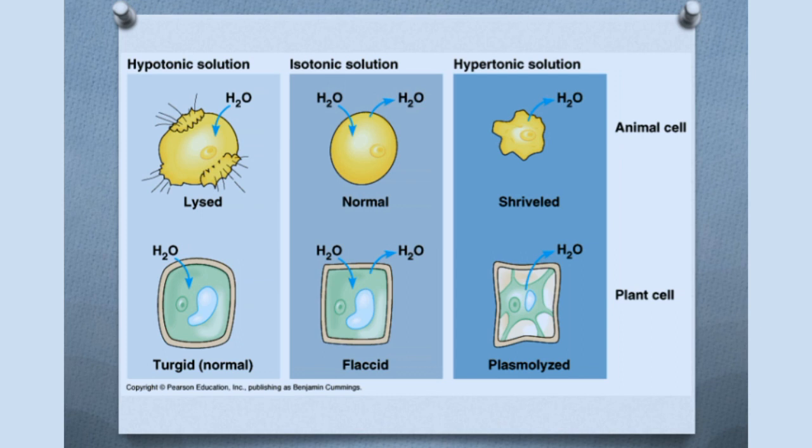Here you can see the condition of animal cells and plant cells in the hypotonic, isotonic and hypertonic solution. In hypotonic solution, both the cells swell, their size increases, while in isotonic their size is normal, and in hypertonic solution they shrink.